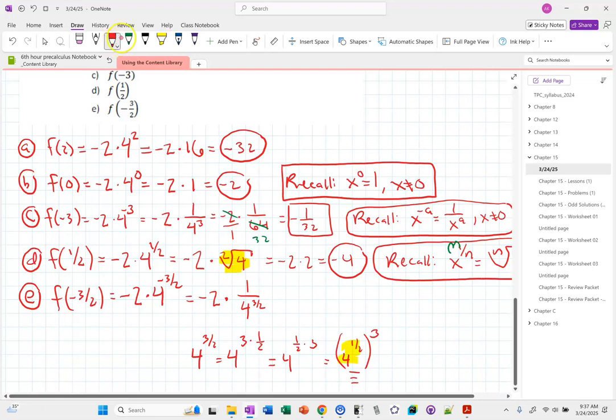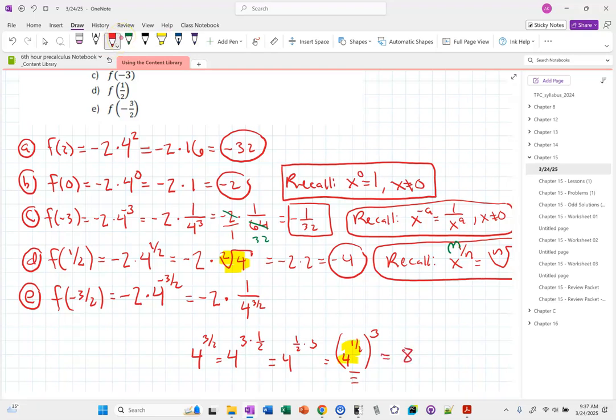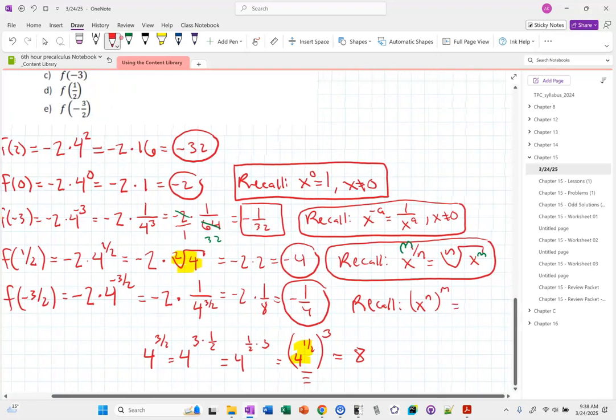That's just 2. And again, the major property that we took advantage of there was the power of a power property.